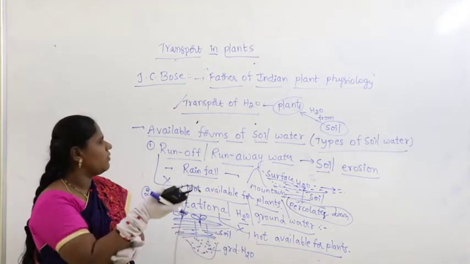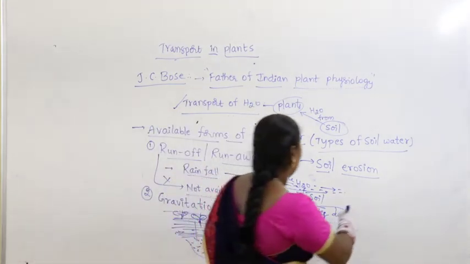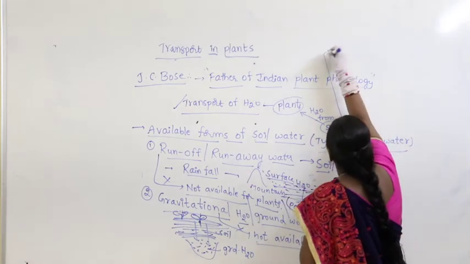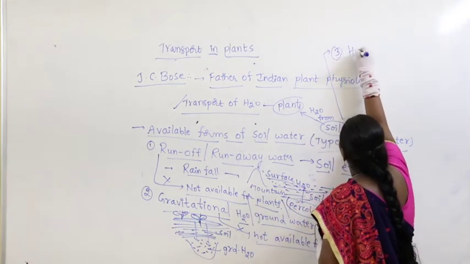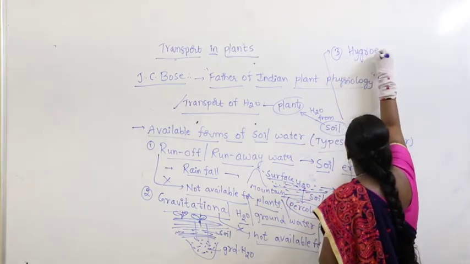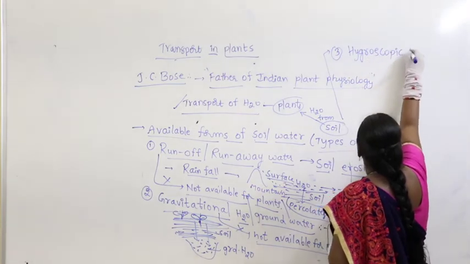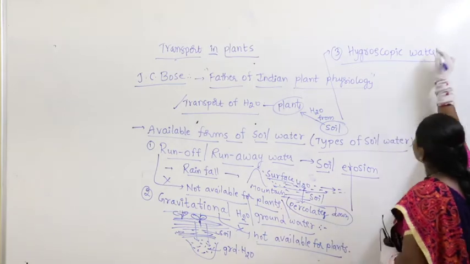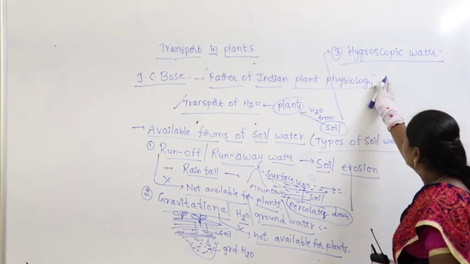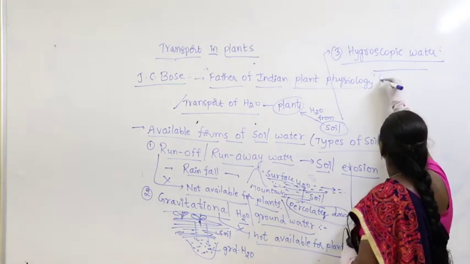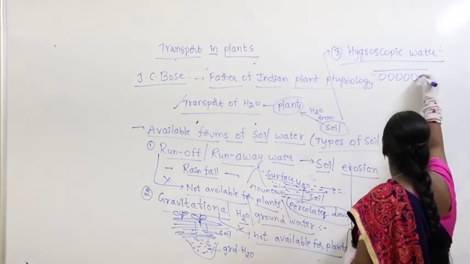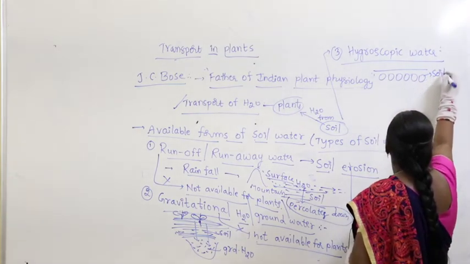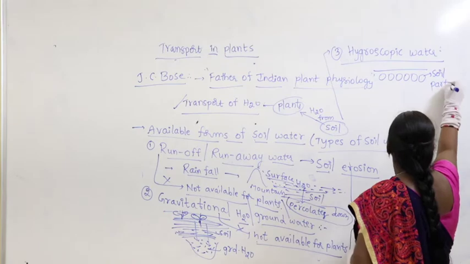Next, the third form of water is hygroscopic water. What's the meaning of hygroscopic water here? Suppose these are soil particles.